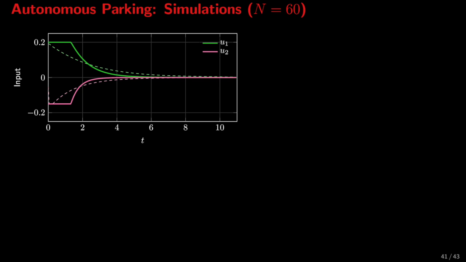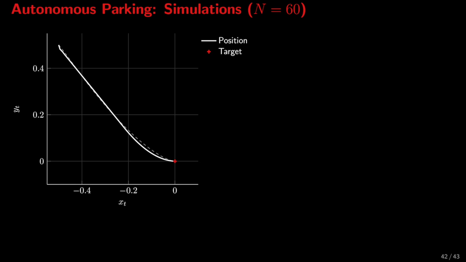And here we have the trajectory of the closed loop system from above. Once again, the dashed line is the previous simulation, and the solid white line is the new simulation. In both cases, the system respects the constraints and converges to the target.